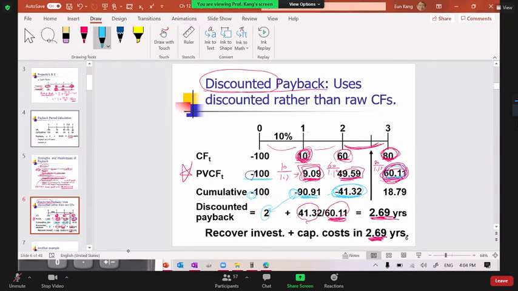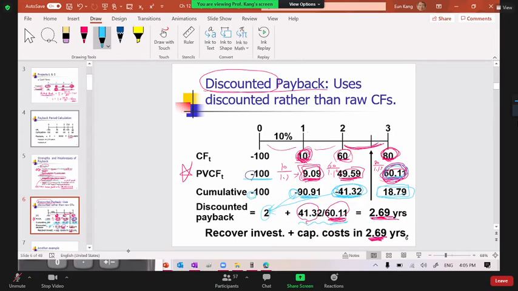So negative is a whole year. And now it's positive, which means you recover more than enough. Then that year should not be a whole year, but a fraction of a year. So you recover 41.92, but 60.11 is available. So divide by that, and it is 2.69 years.